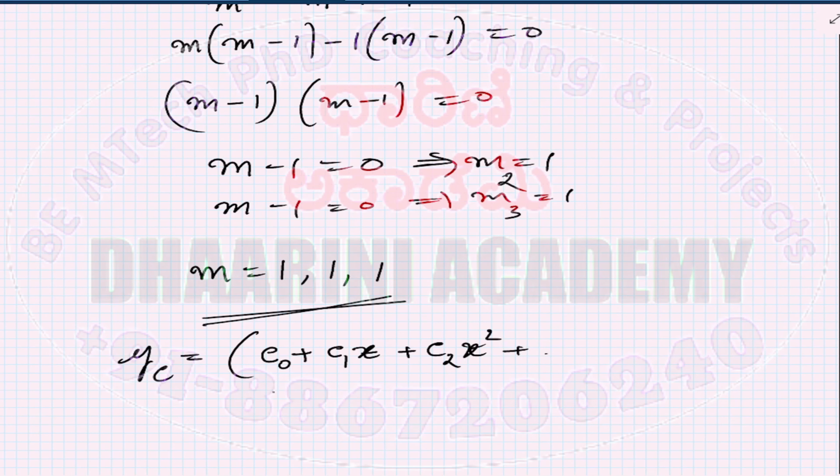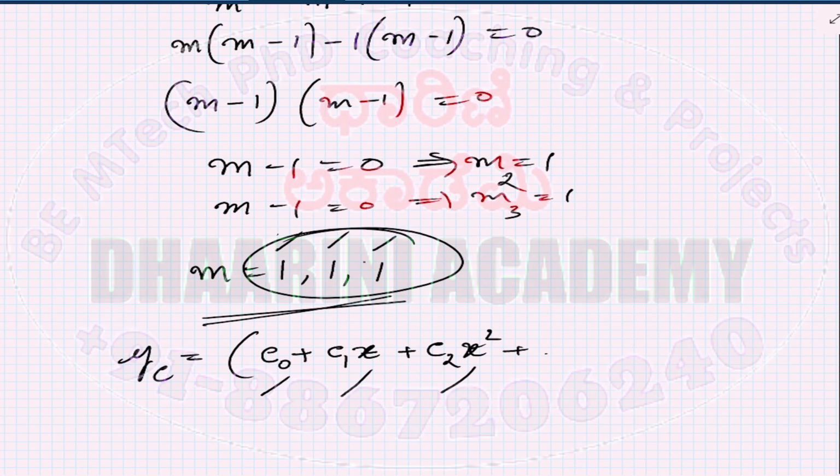But you count the terms. Terms should be equal to the number of roots here. I have 3 roots, so I should stop here. I should not go beyond this in this case. But in general, you have to keep expanding this until you finish the number of terms. Terms are equal to 1, 2, 3. If you have 3 roots here, you have to write the terms until you get the 3 terms. You keep writing.